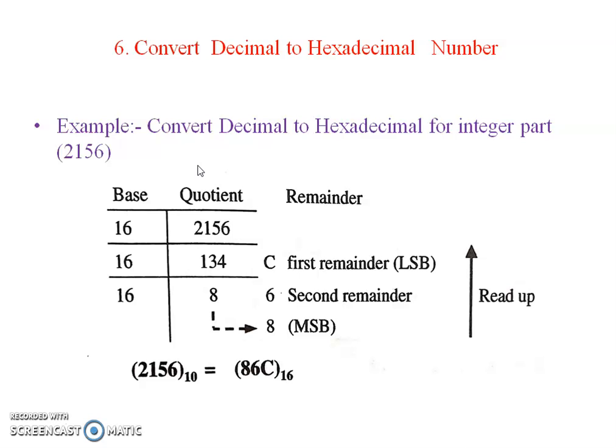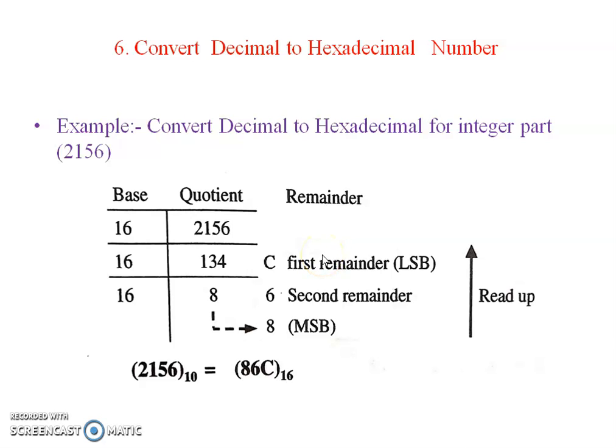So, in successive division by 16, for the integer part, the number is divided by 16 till the quotient reaches 0, and the remainder of the division is the MSB. To obtain the equivalent hexadecimal integer, the remainders are read from bottom to top. Always remember, remainders are read from bottom to top.